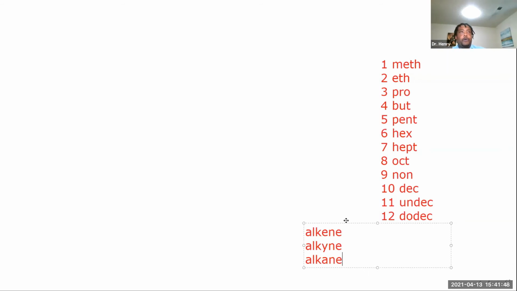Because to me, if you have 3 bonds, you should have priority over the one that has 2. That's my opinion. But IUPAC changed those rules about 7 or 8 years back, and they put the ene before the yne. When I took OChem, it was the other way around. I'm kind of dating myself.